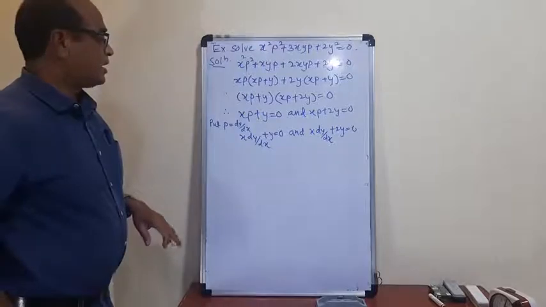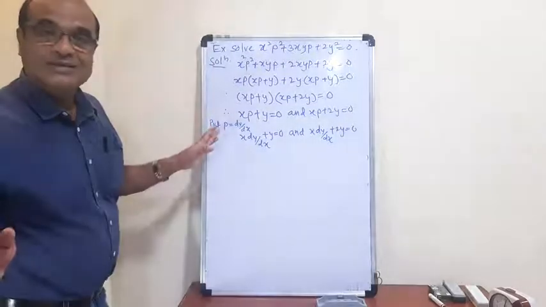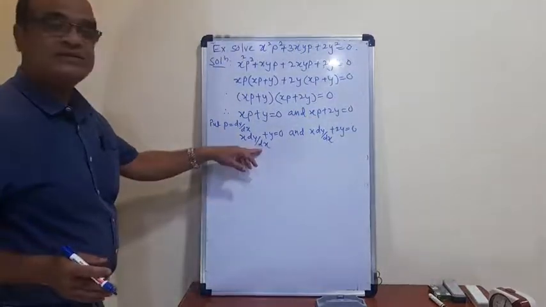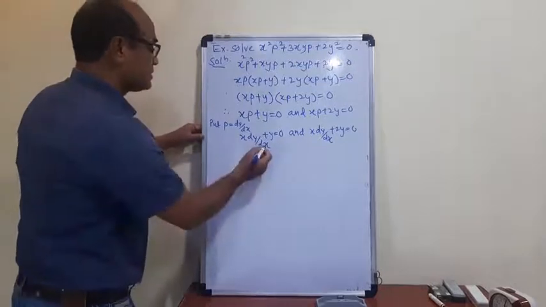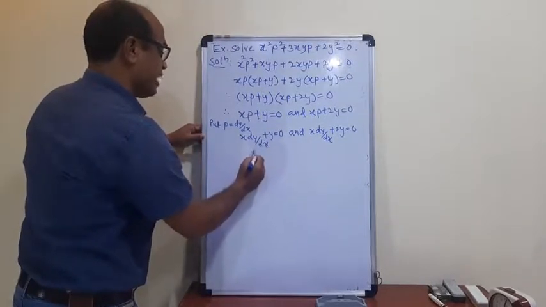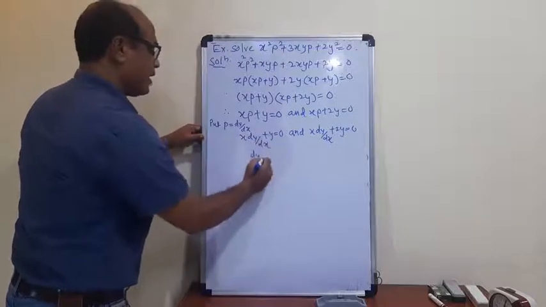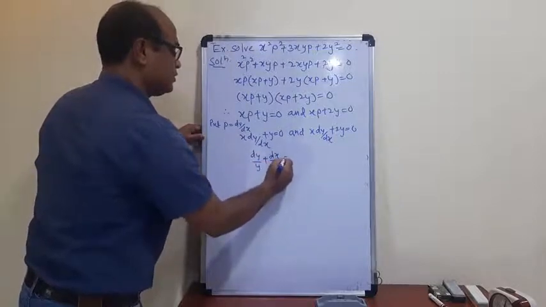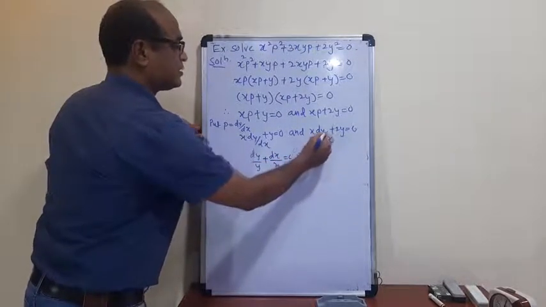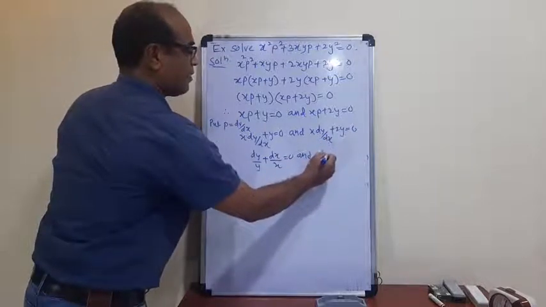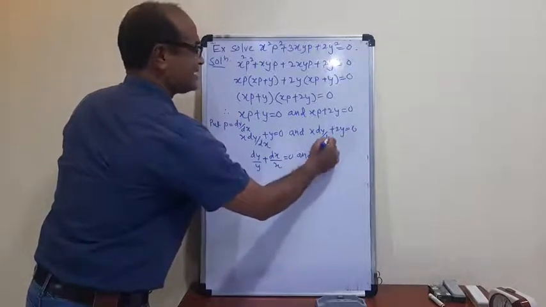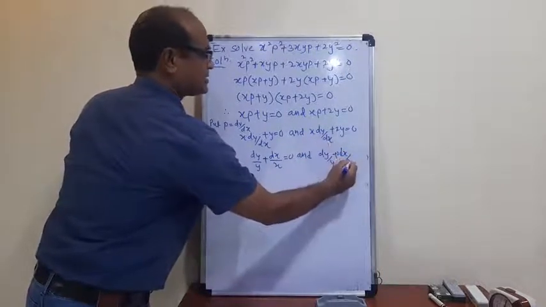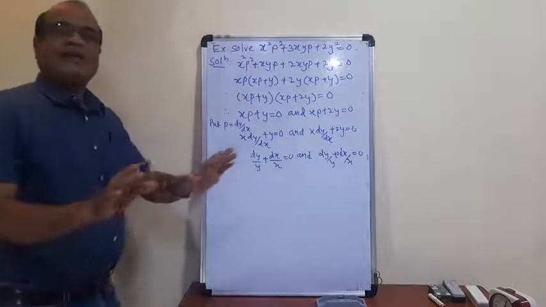By separating the variables, first type, variable separable type, this equation can be written as dy upon y plus dx upon x is equal to 0, and dy upon y plus 2 dx upon x is equal to 0 after separating the variables.